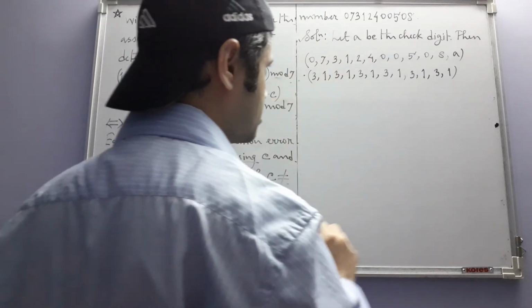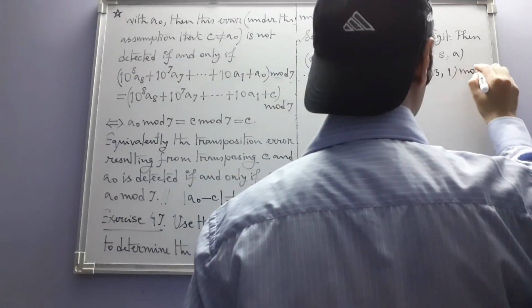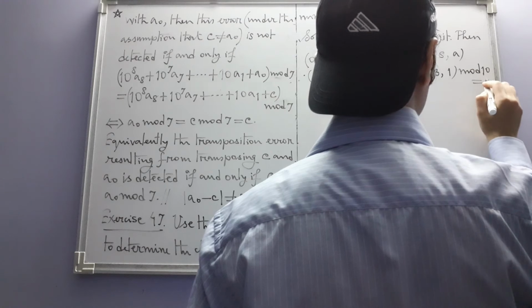This dot product mod 10 should be equal to 0.